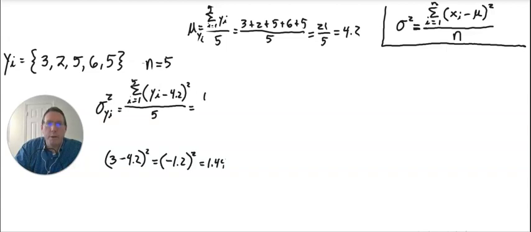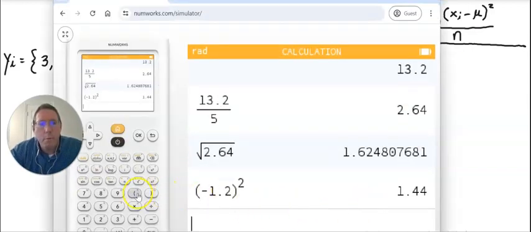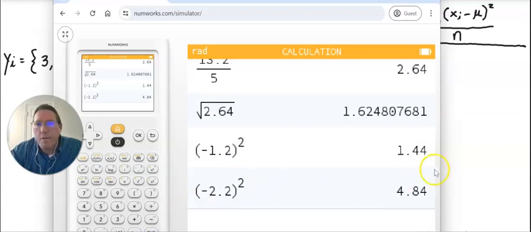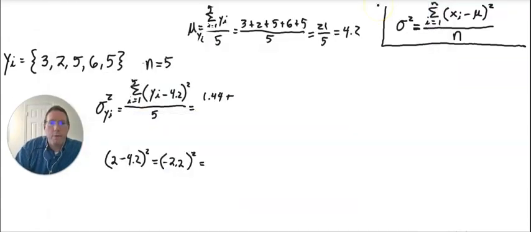So our first term here is 1.44 plus, now we're going to do y2, which is 2, and 2 minus 4.2 is negative 2.2. So let's go ahead and square negative 2.2. That gives us 4.84.